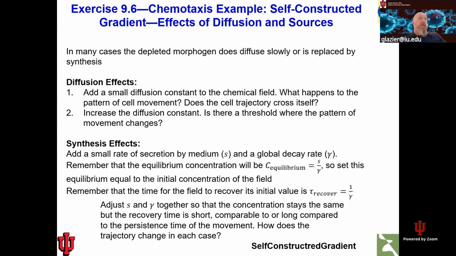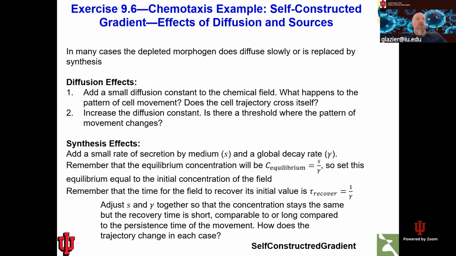And then if the medium secretes chemical, then over time, where the cell was goes back to being what it was before. And so then the memory of the trajectory is lost, and you lose the self-avoiding behavior.